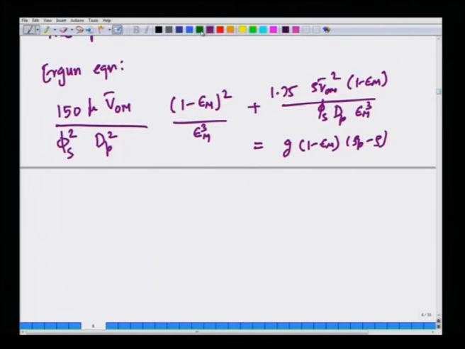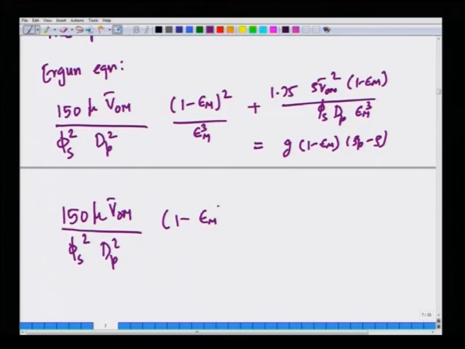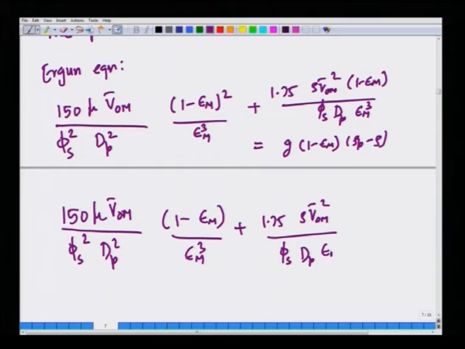So, I can rewrite this further after taking 1 minus epsilon m to the other side. I will get 150 mu v_om over phi s squared dp squared times (1 minus epsilon m) by epsilon m cubed, plus 1.75 rho v_om squared divided by phi s dp epsilon m cubed, equal to g times (rho p minus rho).